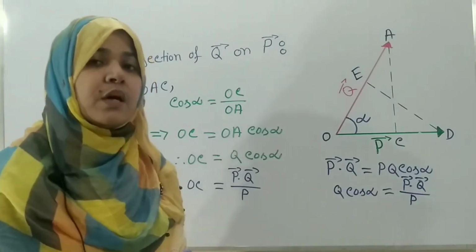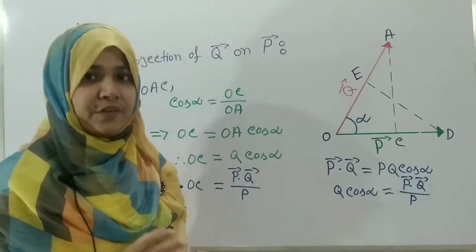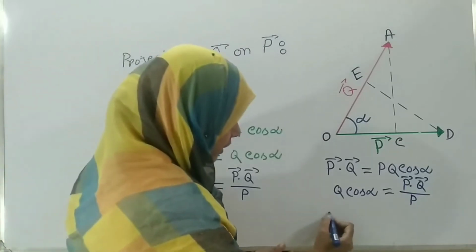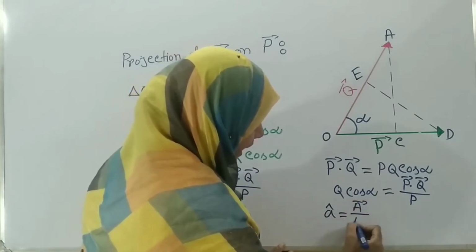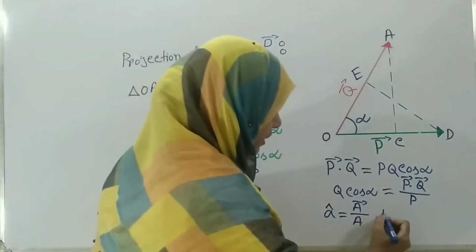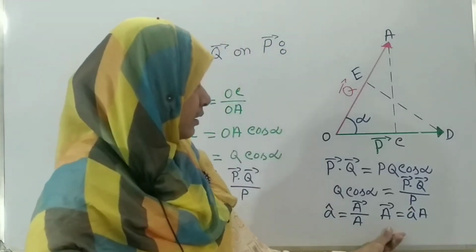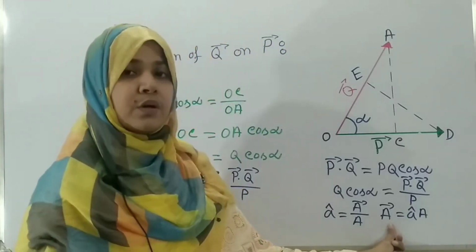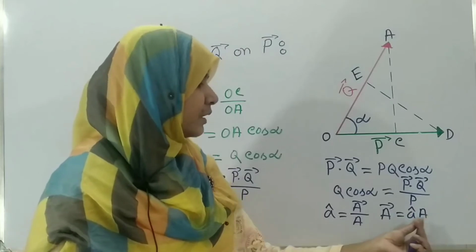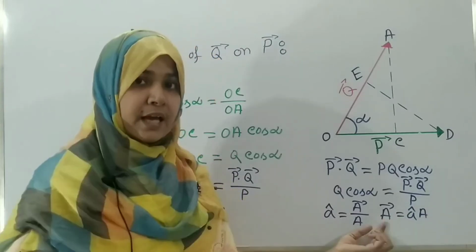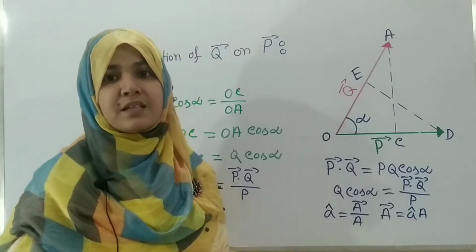But if you want to calculate the direction, then we need a unit vector, because from the definition of unit vector, if A is a unit vector, then A cap equals vector A by magnitude of A, that is A vector equals A cap into A. So if we multiply a unit vector with any magnitude, then we get a vector quantity, and this is the very important characteristic of a unit vector. Actually, a unit vector indicates the direction.